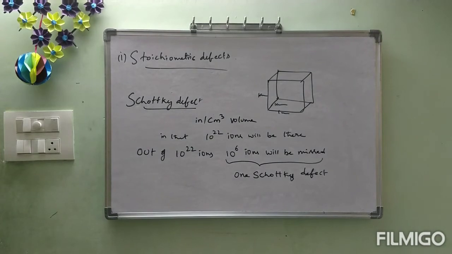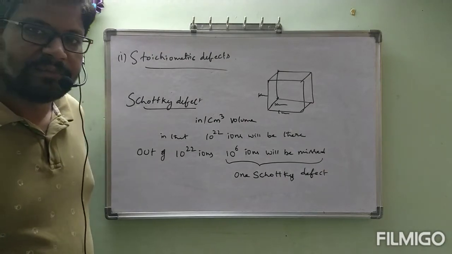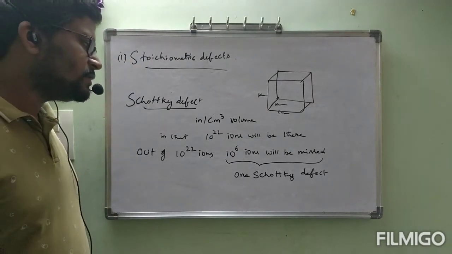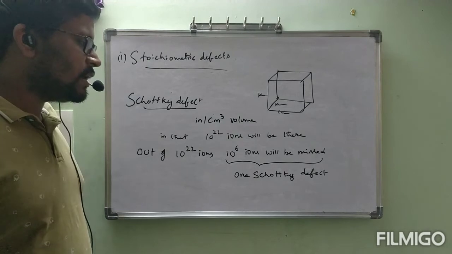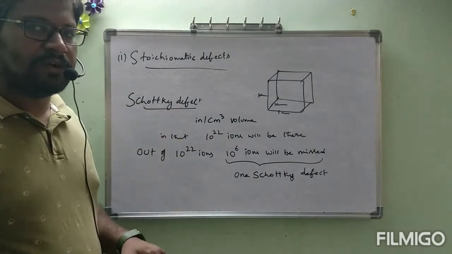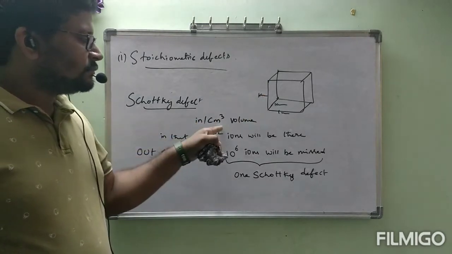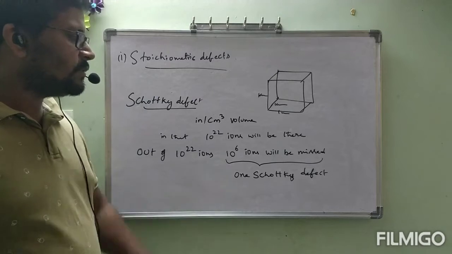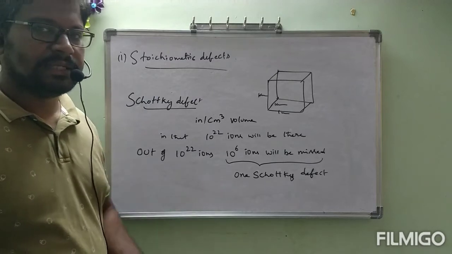So in every 1 centimeter cube volume, one Schottky defect is observed. Schottky defect means 10 power 6 ions will be missed. That is enough.